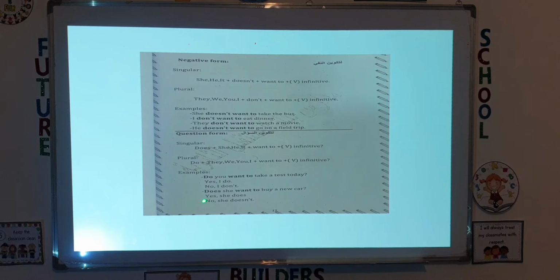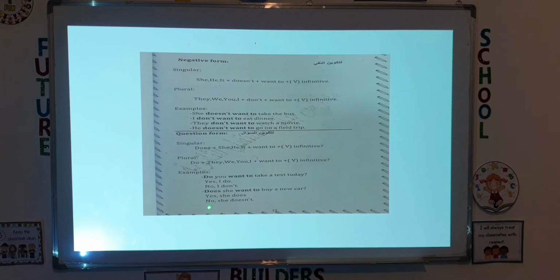And as in the first example, the answer should be with yes or no. Look, yes, she, the same subject as we used in the question, and does, since we used does in the question. No, she, the subject, and doesn't in the negative because the answer is no.